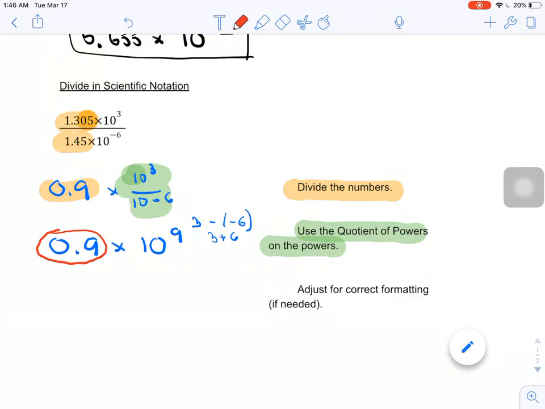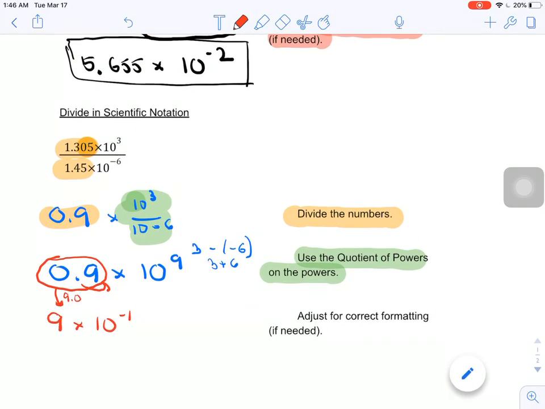So instead of 0.9, we actually need to scoot the decimal point over 1 and make it 9.0, or we know that 9.0 we just write as 9 if there's nothing after. So in the video yesterday, you learned that when we're working with a number like this, the way that we would deal with that is with a negative exponent. So since I'm moving the decimal point over 1, 0.9 is the same as 9 times 10 to the power of -1. So that is that misformatted number rewritten in scientific notation.